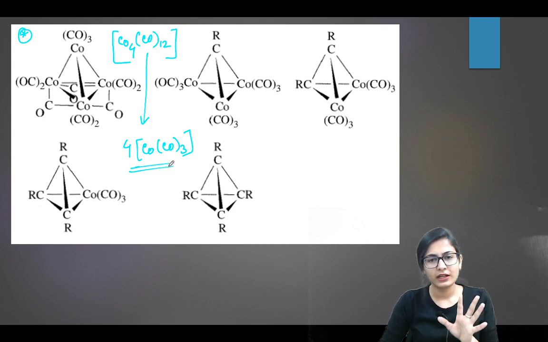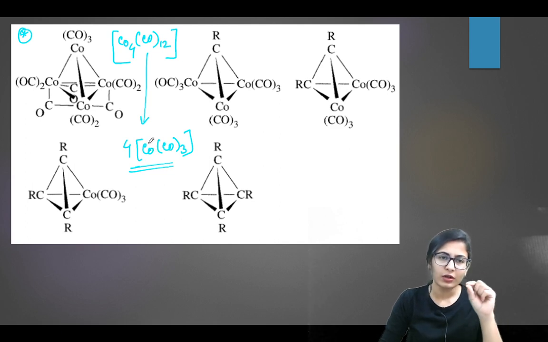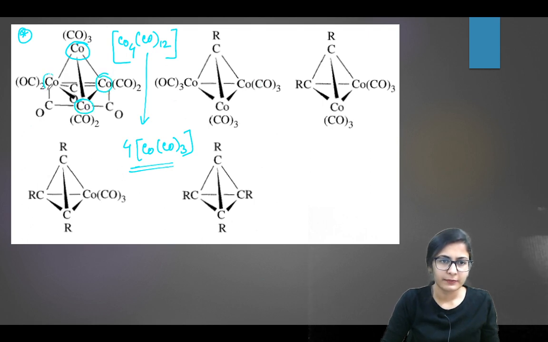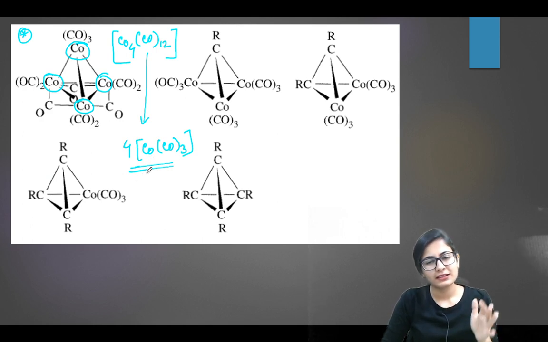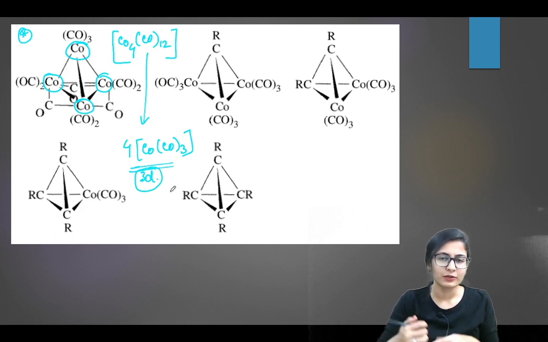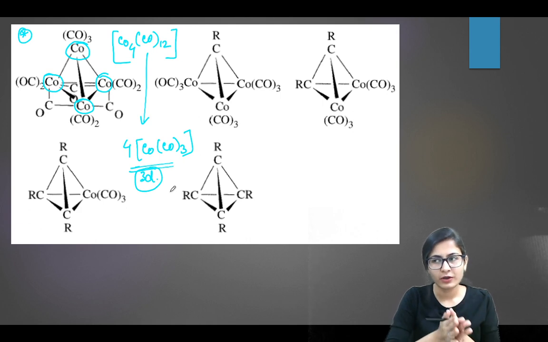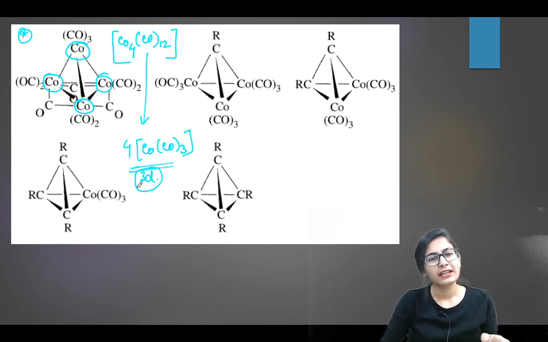You are quickly going to think about a tetrahedral structure having cobalt at all of its vertices. Now you will say that cobalt is a 3d metal, and 3d metals can form bridging carbonyls. When we move down the group, 3d, 4d and 5d, if it was rhodium or iridium in the same group, there would not be many bridging carbonyls, but in the 3d series you have bridging carbonyls.